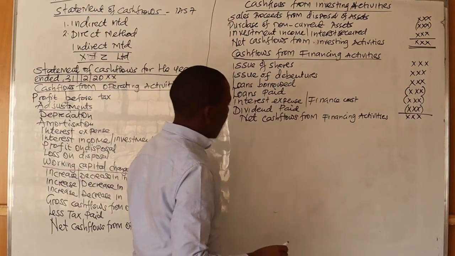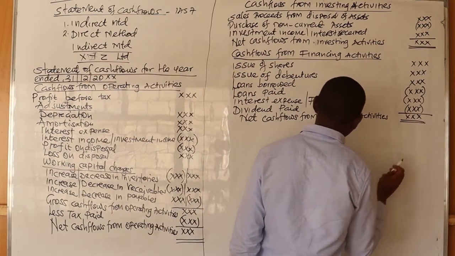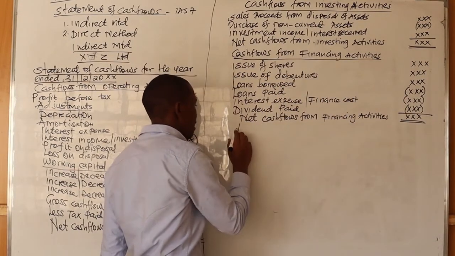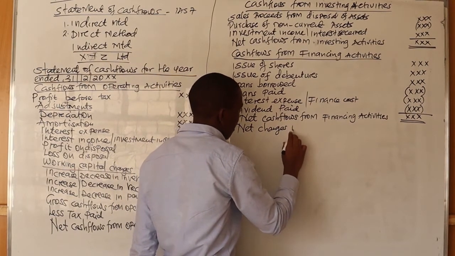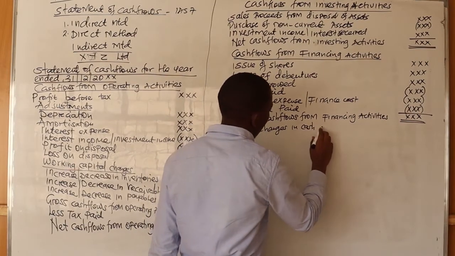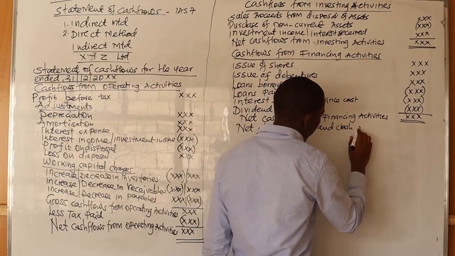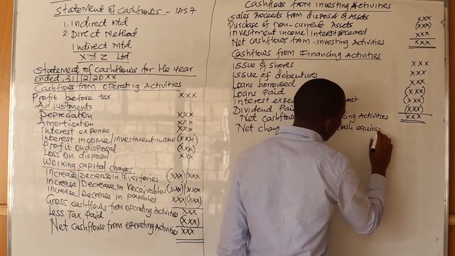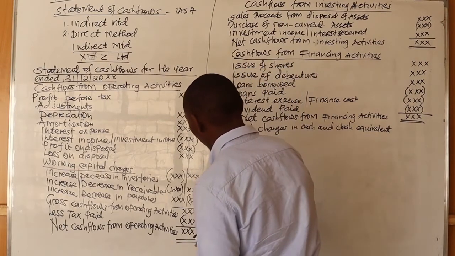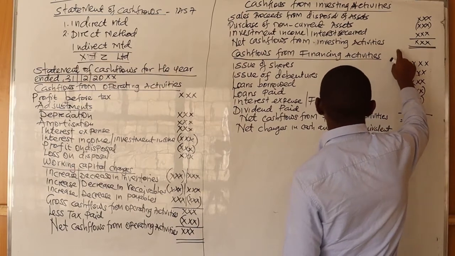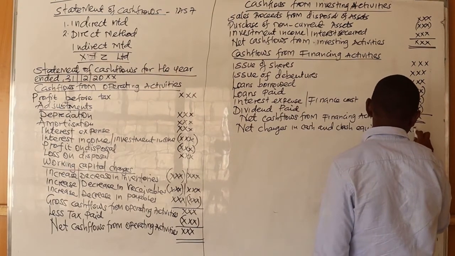Now, after you get that, you will also be able to get the net changes in cash and cash equivalent. For the net changes in cash and cash equivalent, you just take the net cash flows from operating, you add the net cash flows from investing, and net cash flows from financing.